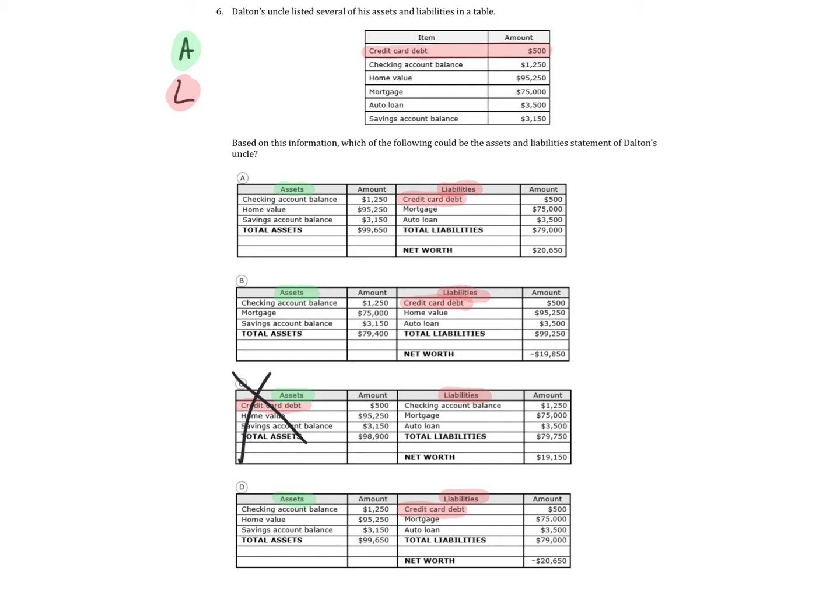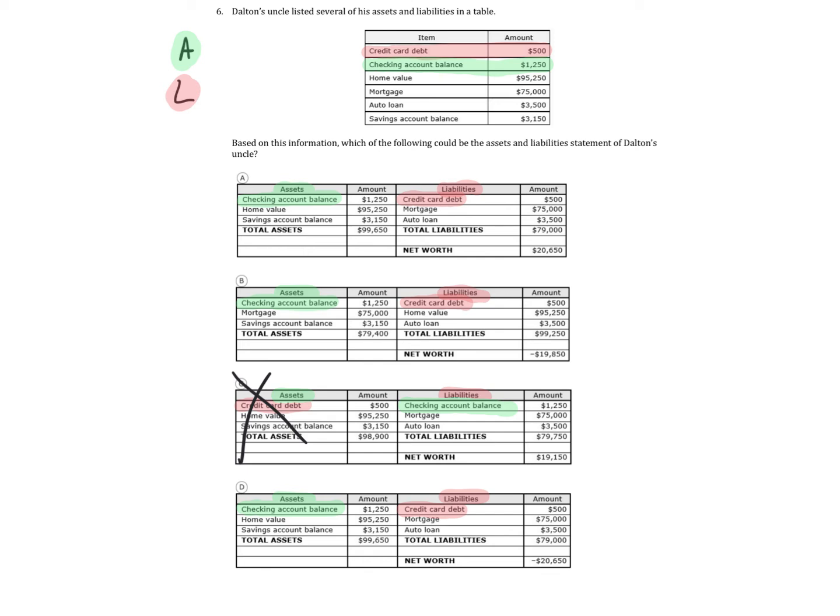If that is your money, it is an asset. So let's find checking account balance in all of our answer choices. We have it in assets, which is good. Assets, which is good. And assets over here, which is good. We've already eliminated C, but to help us further, it is in liabilities, so C really is wrong.